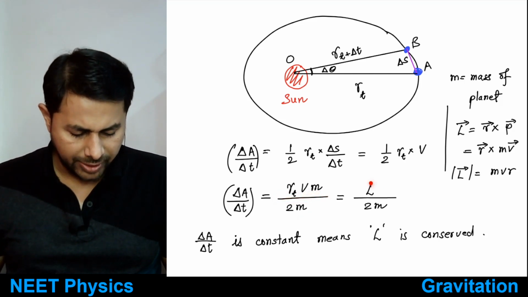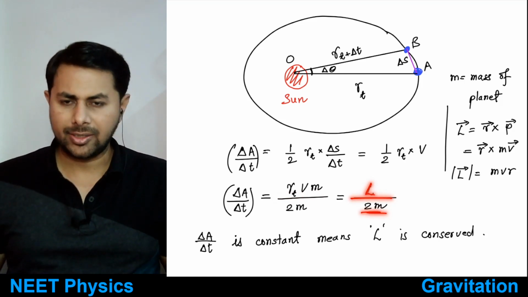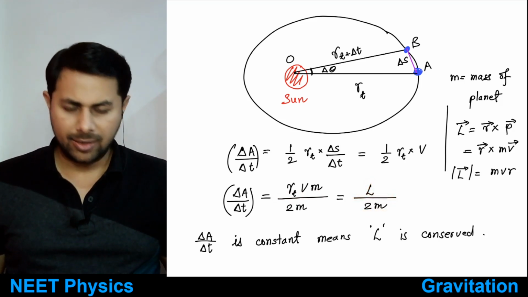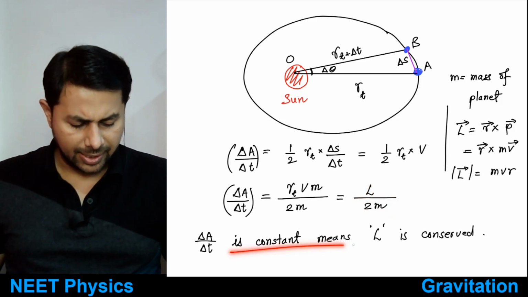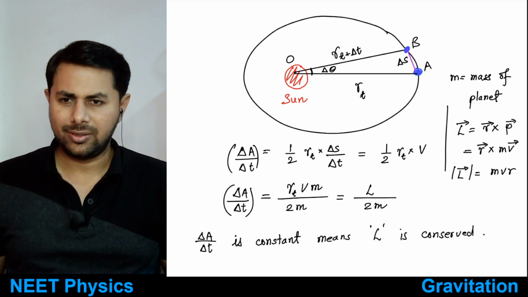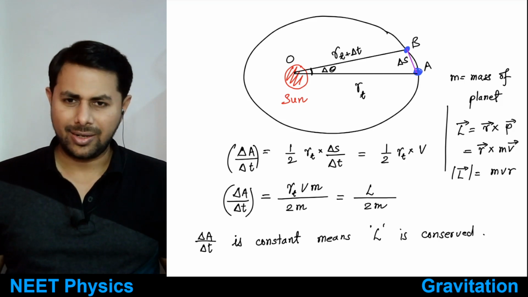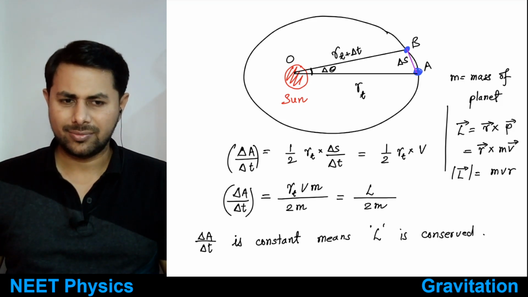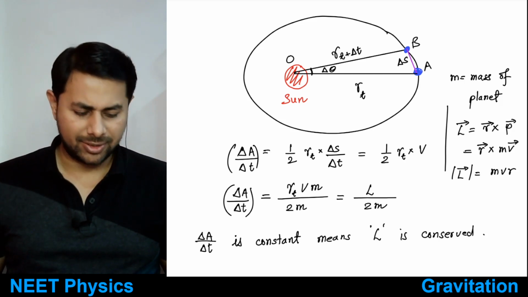So what is constant? L upon 2m is a constant, and that means that angular momentum is conserved as it should be, right? Because torque is 0, angular momentum has to be conserved.